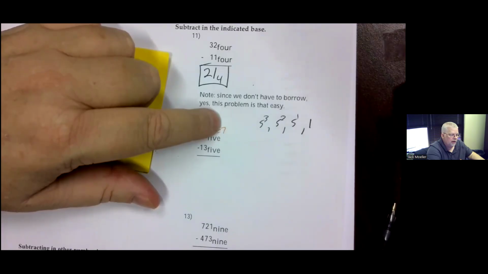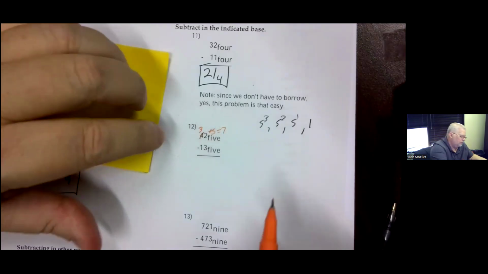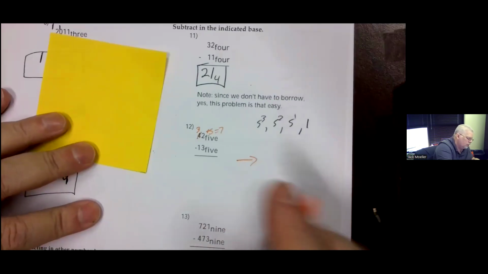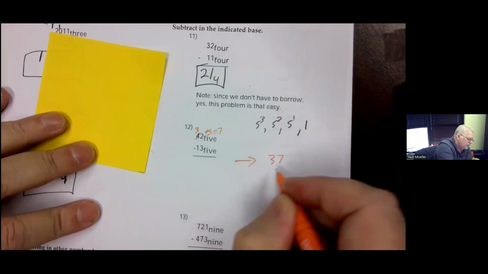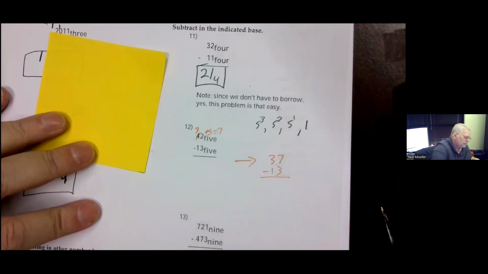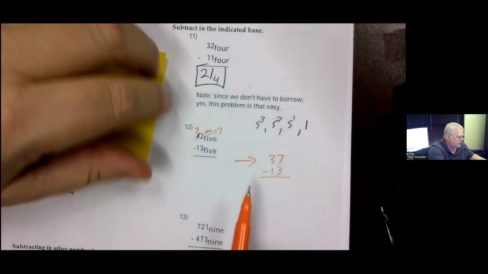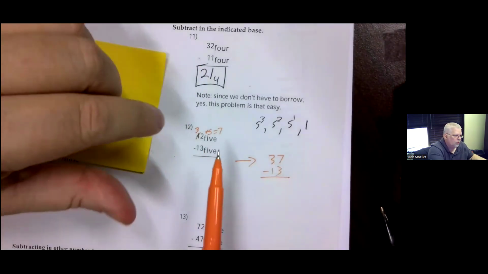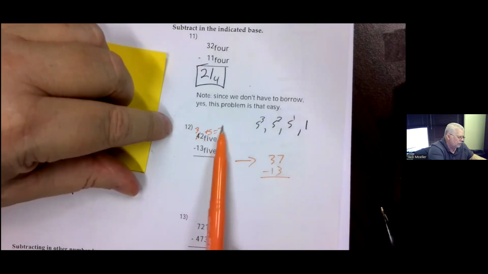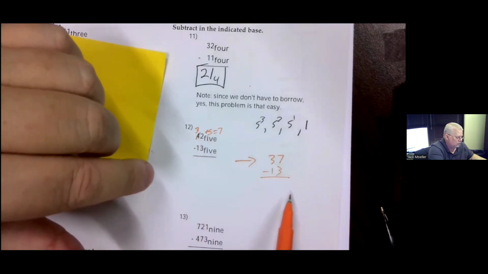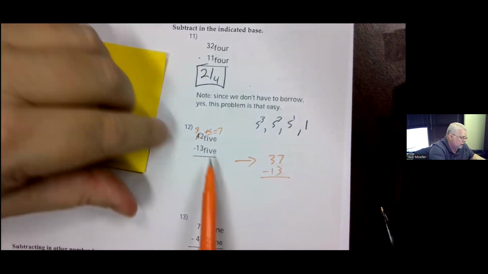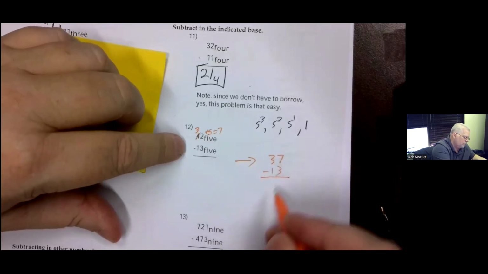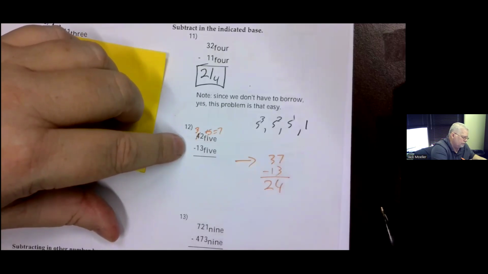So now we have a 7. Now in our subtraction, we don't normally write this out, but let me write it out. We have 37 minus 13. I'm not going to worry about the base at the moment because once you start subtracting, just subtract as normal. The base matters in the borrowing part. At the end, make sure you get the subscript. So now we have 7 minus 3, which is 4. 3 minus 1, which is 2.